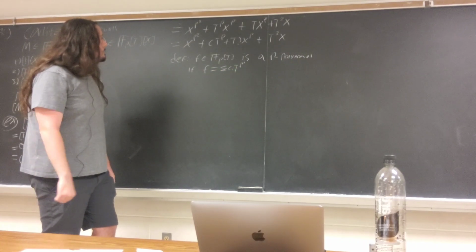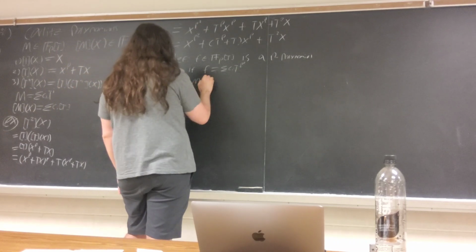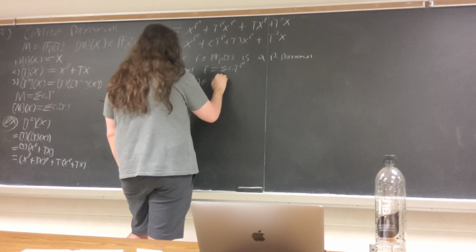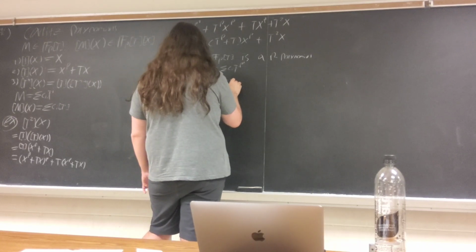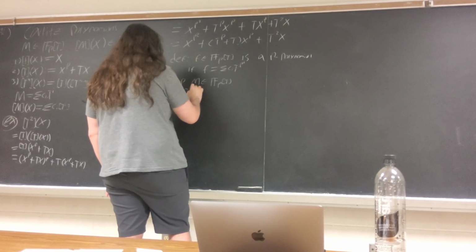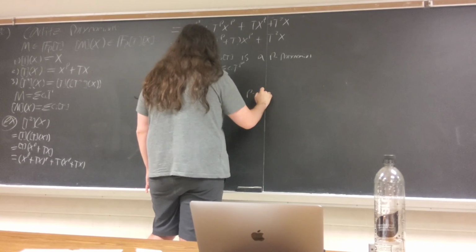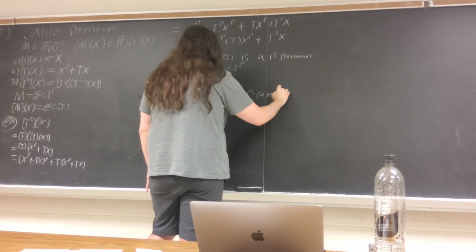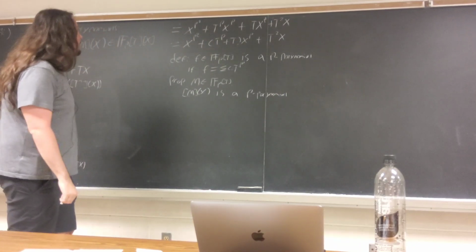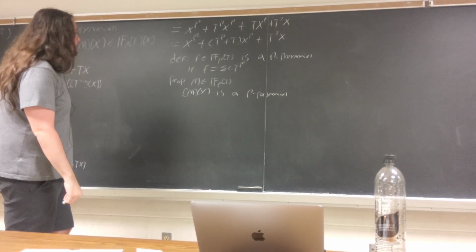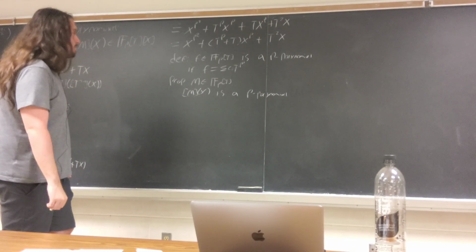And the first proposition, obviously, is that if we have this m in here, we say m x is a p polynomial. And I think the proof is pretty routine.